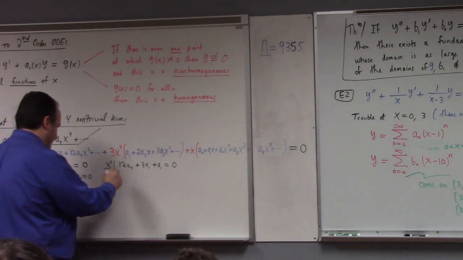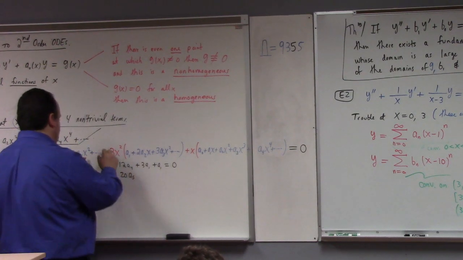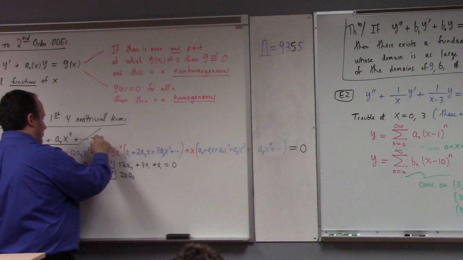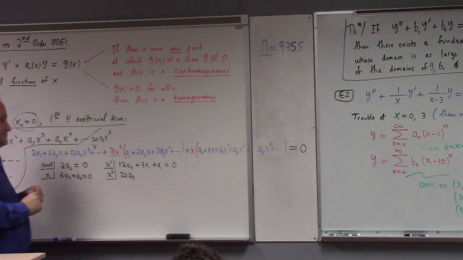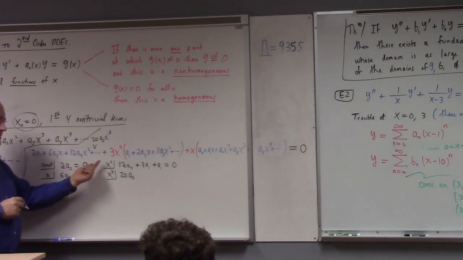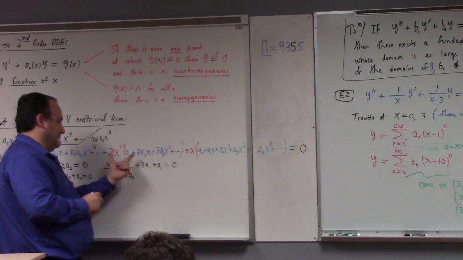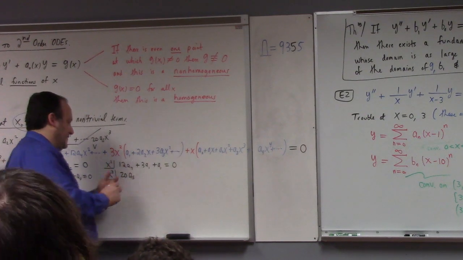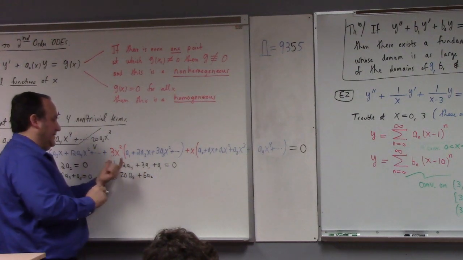So we'd have 20a5 x cubed. So I got 20a5 in here. And over here, I've got a what? 2 times 3, 6, right? Plus 6a2. Anything else? That's it for there.